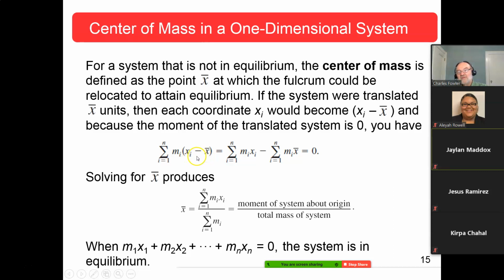Now notice, sometimes this x sub i is less than x bar, so this number is going to be negative. Sometimes x sub i is greater than x bar, so this number will be positive.